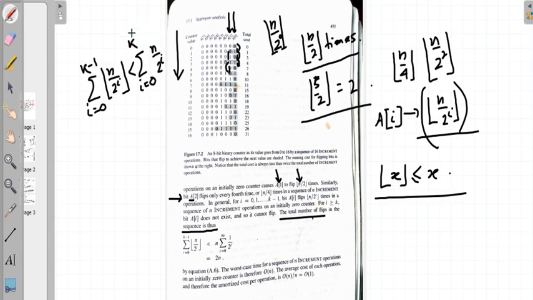And now we will be applying that magic formula, that infinite series, which we have already seen in one of the problems. So we can write that this is less than or equal to the sum for i equals 0 to infinity of n by 2 power i.